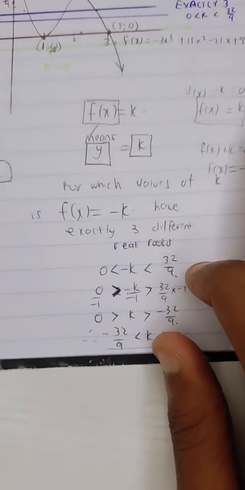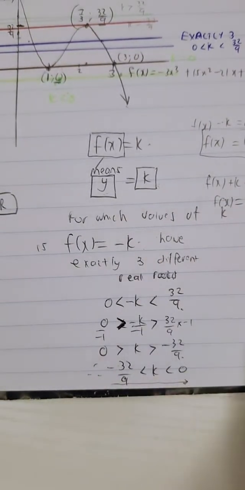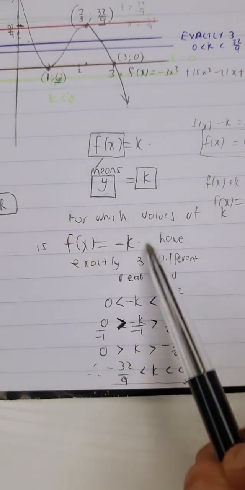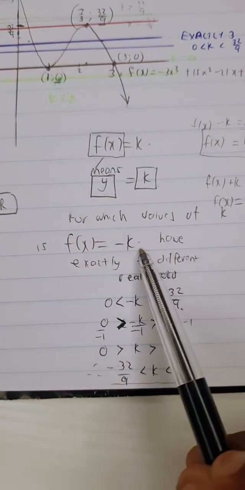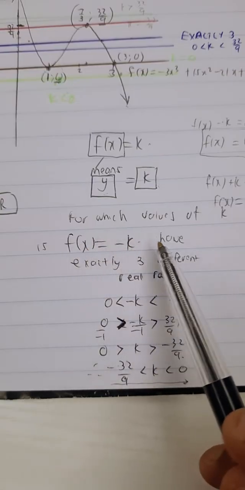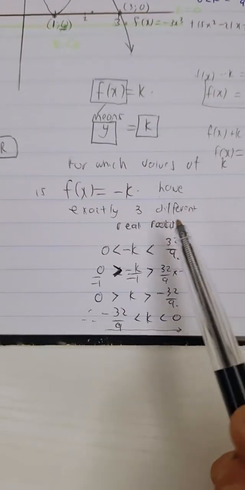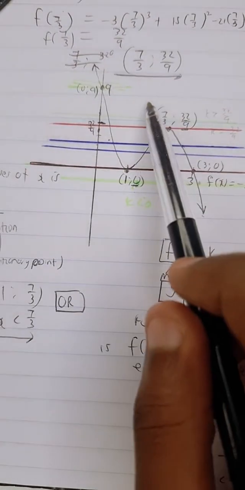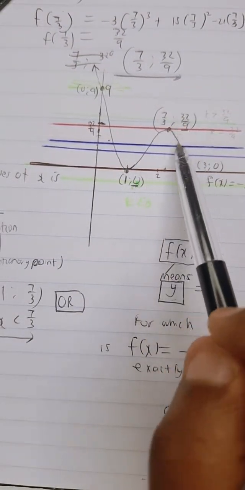So you do that with each situation where you have f of x is equal to -k. Or if there's another constant on the other side of f of x, let's say you had f of x equal to -k plus 1, you still would say the answer lies between 0 and 32/9.